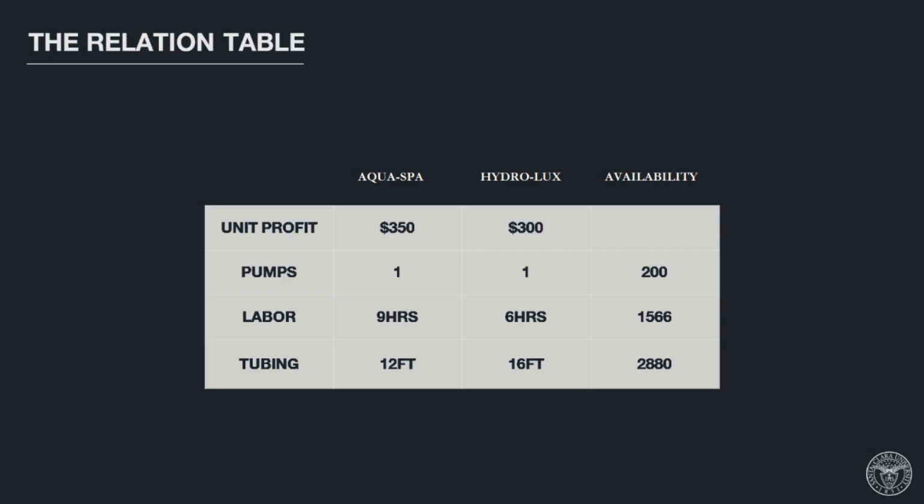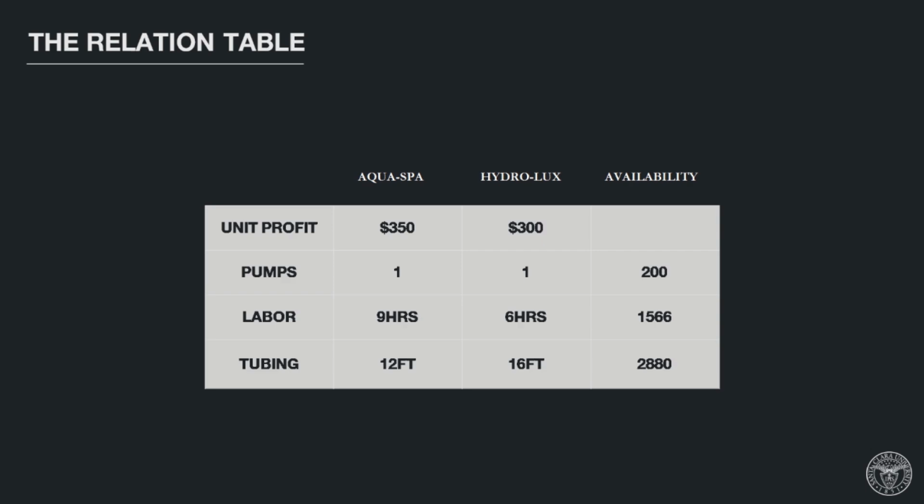For the labor, we have 9 hours for each unit of the Aqua, and 6 hours for each unit of Hydro. In total, we have 1,566 available labor hours. For the tubing, each Aqua needs 12 feet, each Hydro needs 16 feet, and we have 2,880 in total.